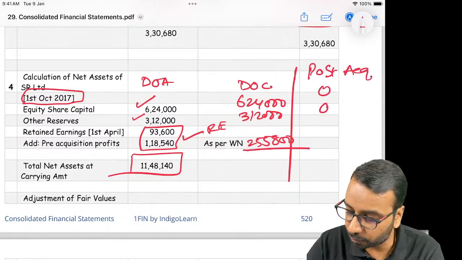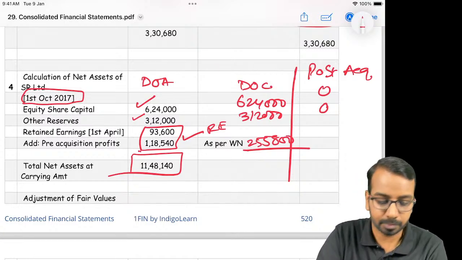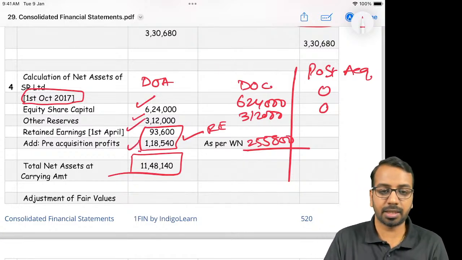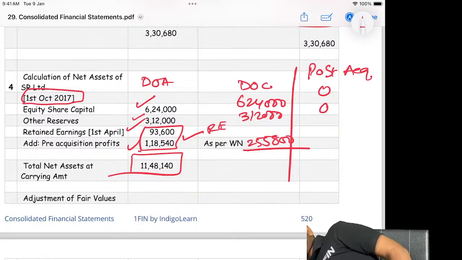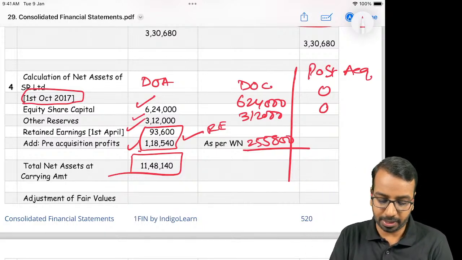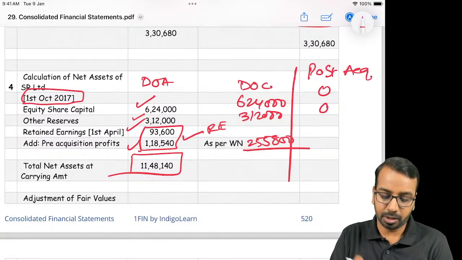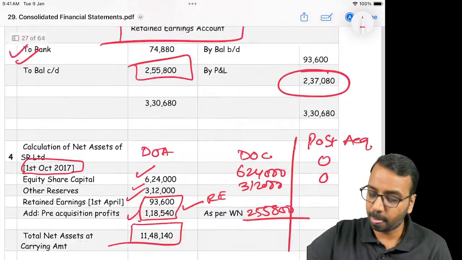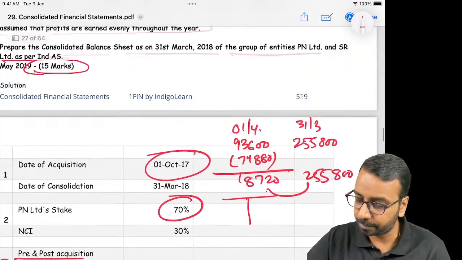The difference between 255,800 and 118 and 93,600. 255,800 minus 118,540 minus 93,600, you get 43,660.